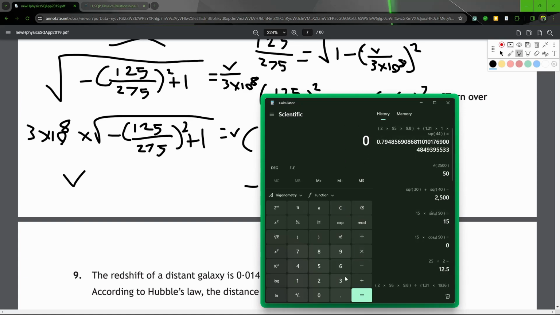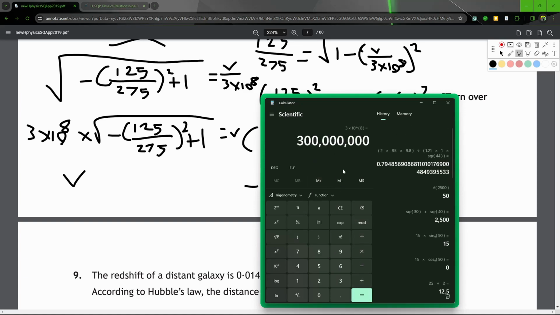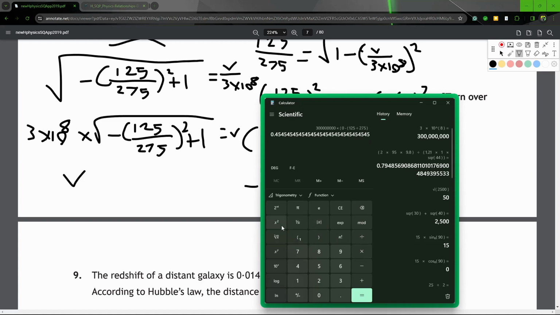Right, I'm going to throw this in my calculator. So 3 times 10 to the 8, that's the speed of light. And then we have to times it by brackets minus, bracket 125 divided by 275, and then that is itself squared, and then we add 1, another bracket, and then we square root that, and what do we get?